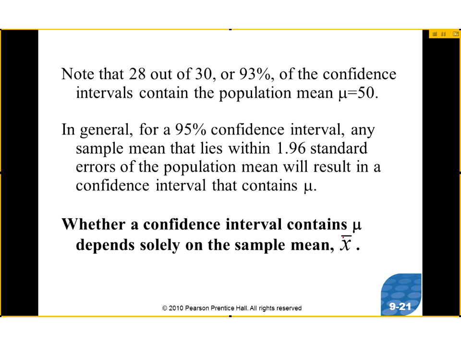Okay, now they're just talking here about how whether a confidence interval contains the population mean will depend on the sample mean. Because if your sample mean is too high or too low, when you add and subtract that margin of error, you're not going to get to that population mean.